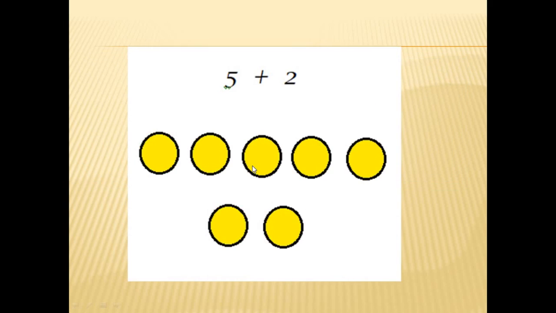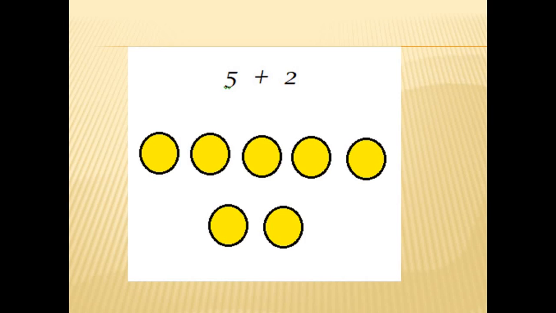So, here I have taken 2 positive integers, 5 and 2. For indicating 5, I have taken 5 yellow counters, yellow circles. For 2, I have taken 2 yellow circles. How many total counters are there?